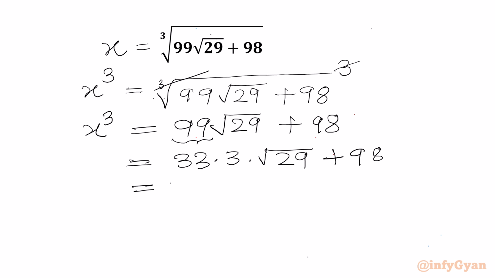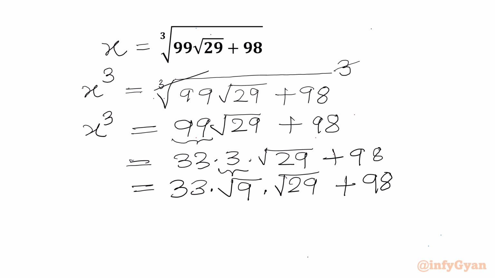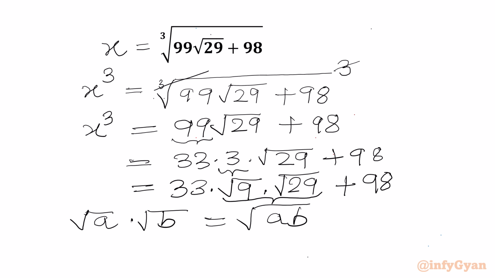Now I can write 33 times, this 3 we will write as square root of 9, times square root of 29, plus 98. Now we can use one property from radicals: square root A times square root B can be written as square root of AB. So this property we are going to apply here.